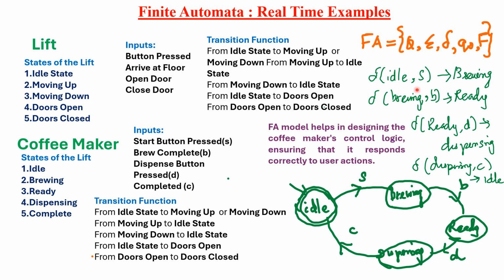Here the transition functions are represented like this: delta of idle, input is start, and it goes to brewing. So like that, any real-time example, any mathematical problem, any computation problem in a system, we can represent through finite automata.